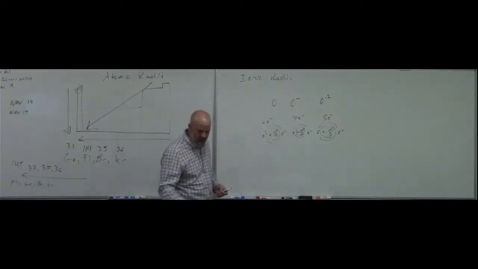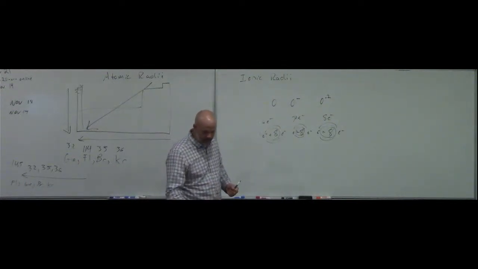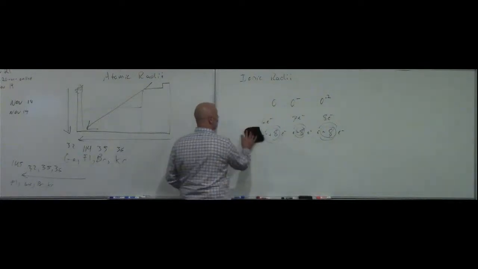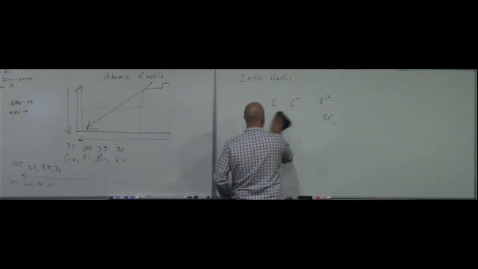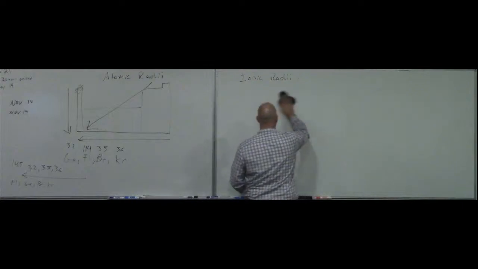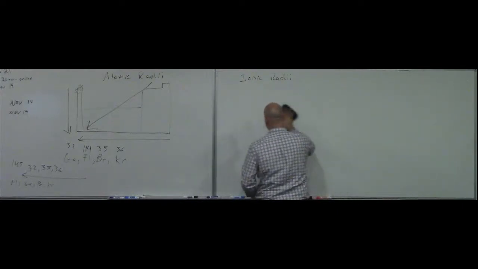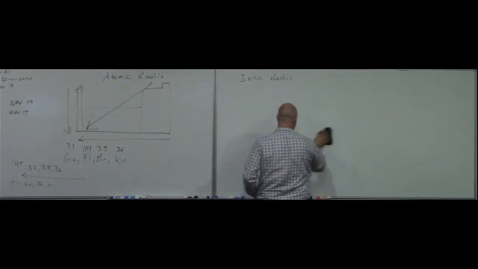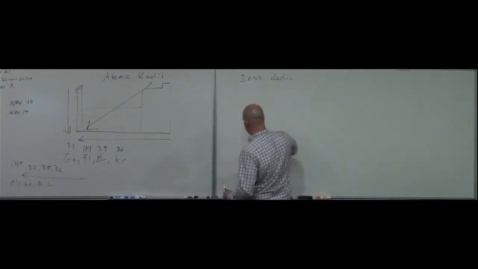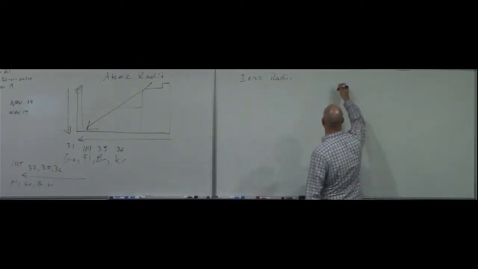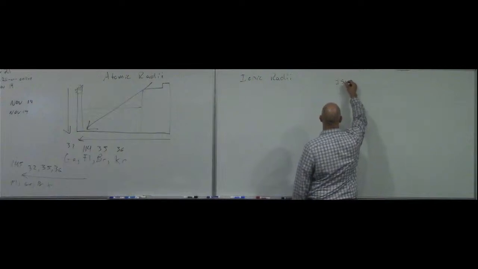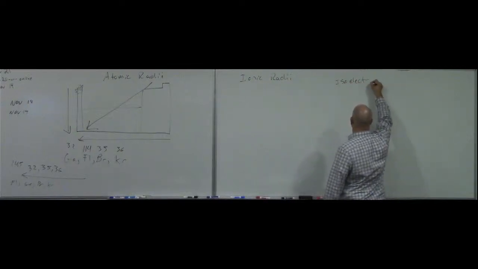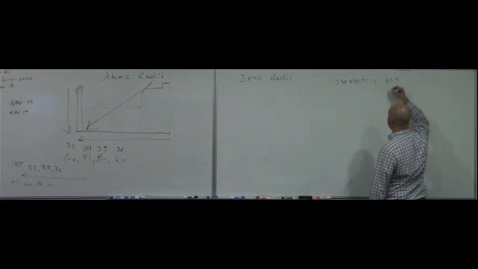This is not even as significant as looking at different elements with the same electronic structure. We refer to these as being isoelectronic elements, or isoelectronic ions. Okay? So let's look at isoelectronic ions.